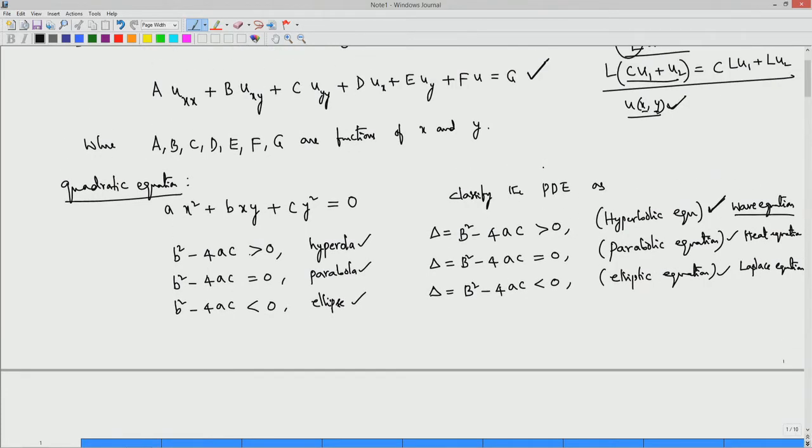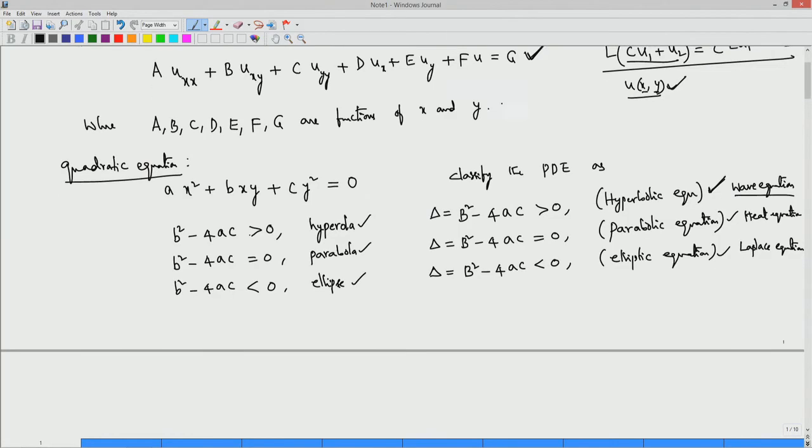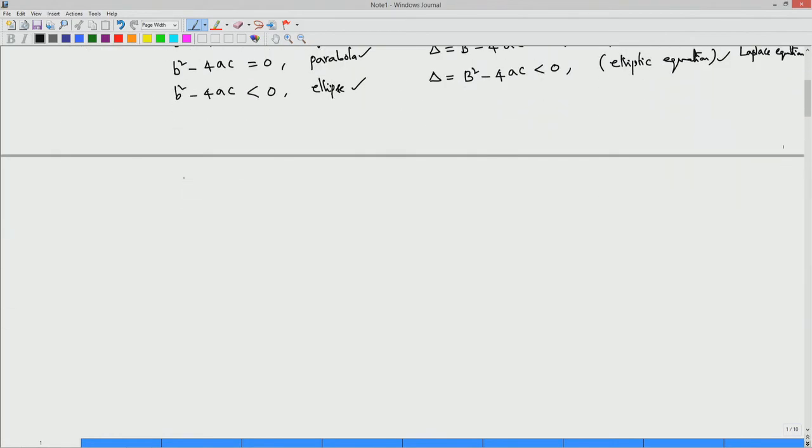So, let us take this general form. What you need is a change of variables. Let me write x, y as a vector in this way. We go from the x, y variables to new variables xi and eta.